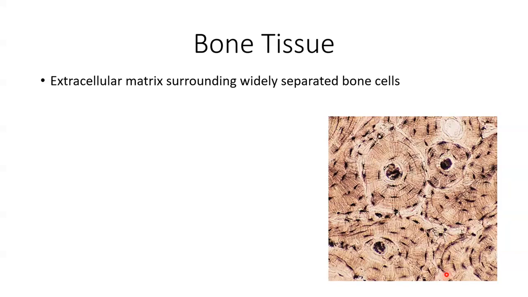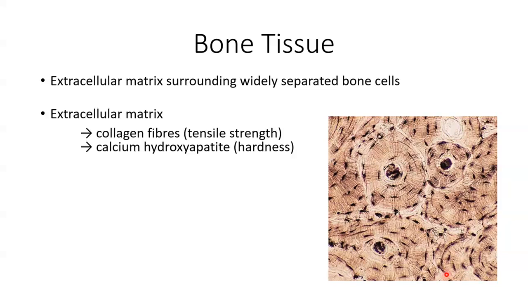The fundamental components of bone, like all connective tissues, are cells and the extracellular matrix. And remember, the extracellular matrix is made up of ground substance and those different types of fibers. The extracellular matrix of bone contains mostly collagen fibers.